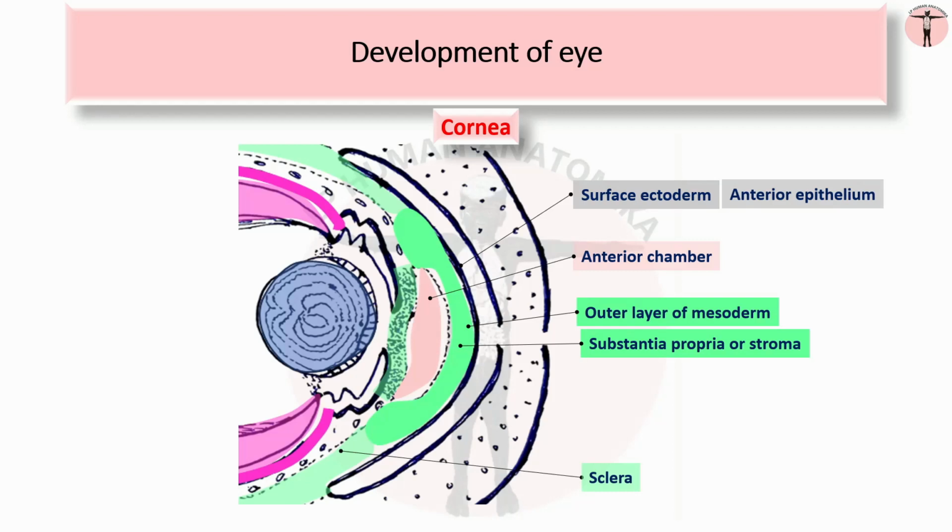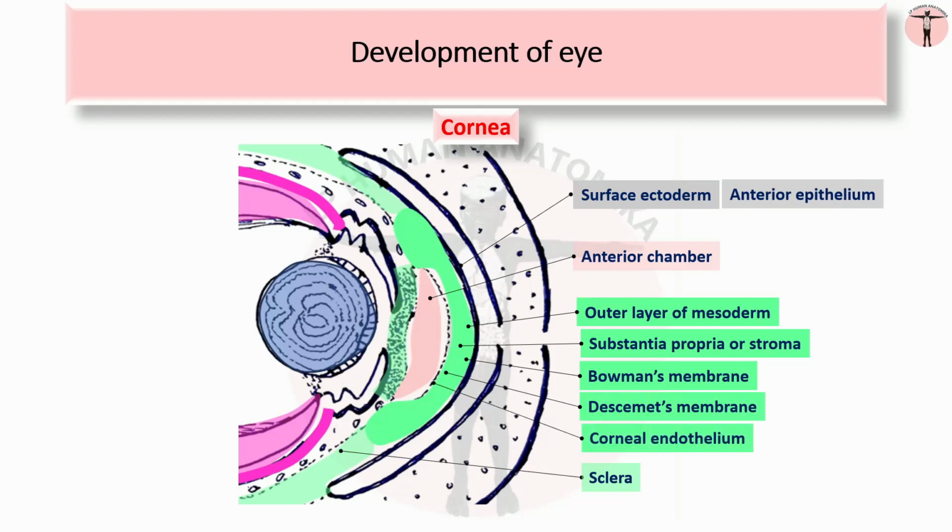The mesoderm also gives rise to Bowman's layer or Bowman's membrane just deep to the anterior epithelium, Descemet's layer or Descemet's membrane, and the corneal endothelium, which borders the anterior chamber.